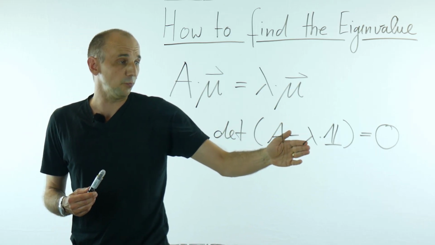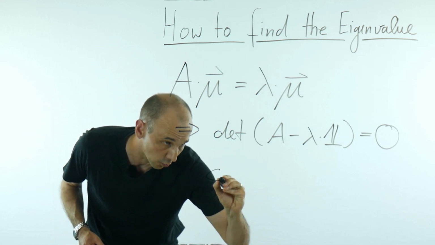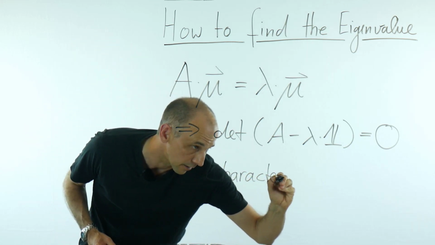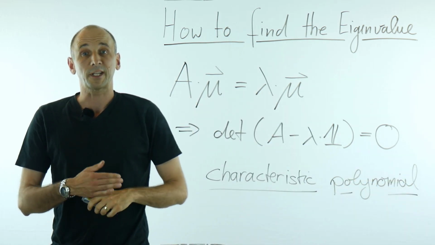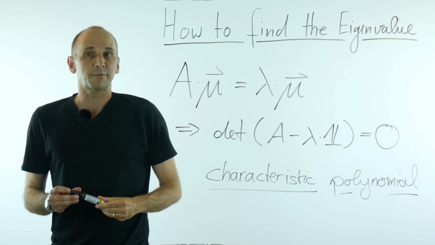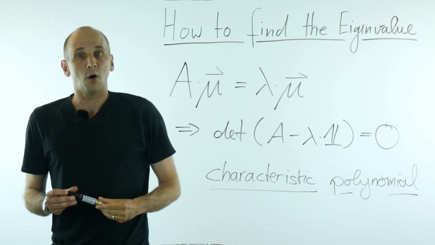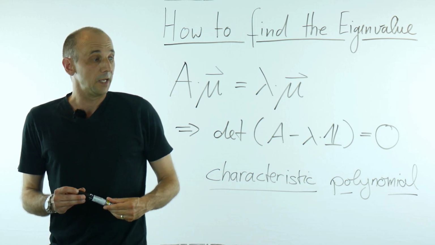This will be a polynomial of grade n in lambda. The name of this polynomial is the characteristic polynomial.